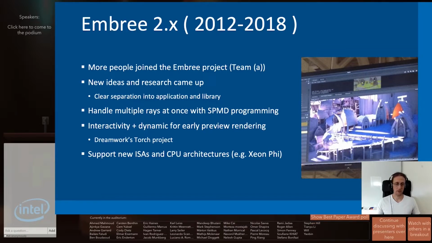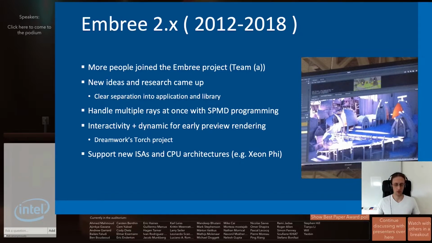And one of the big feature items there was that we introduced another way to use Embree, in particular with SPMD programming, which allowed tracing multiple rays at once. And this also required compiler support in terms of ISPC. This was altogether in the context of a project we had with DreamWorks back then, called Torch.